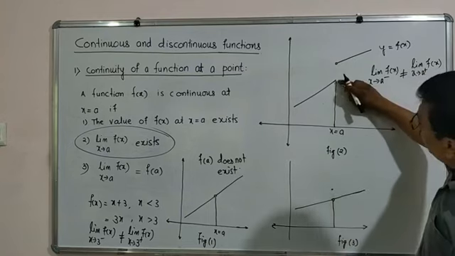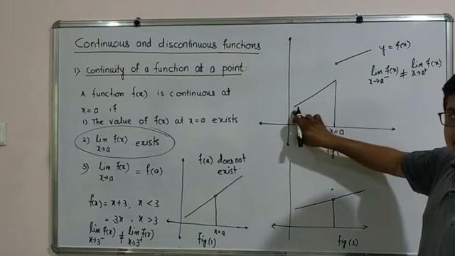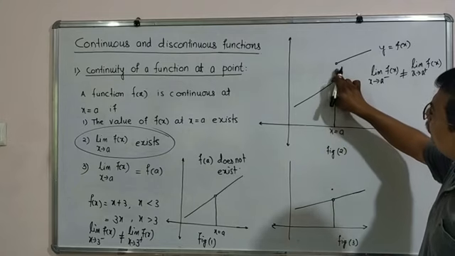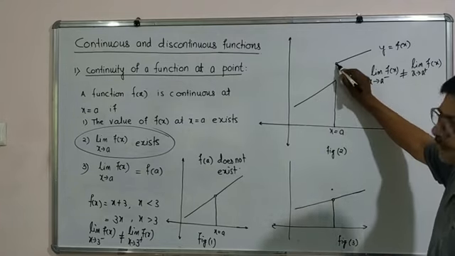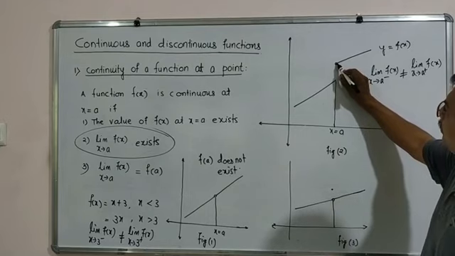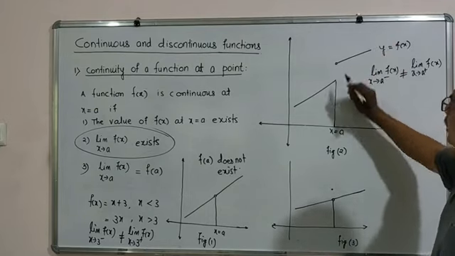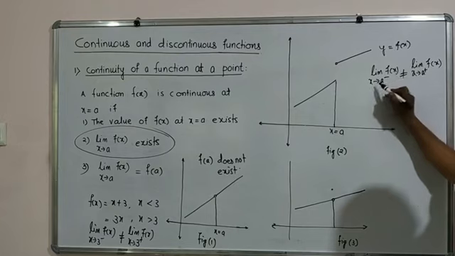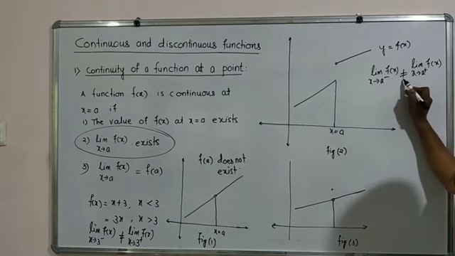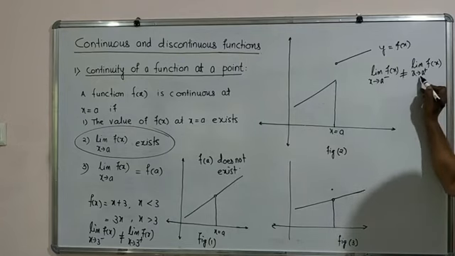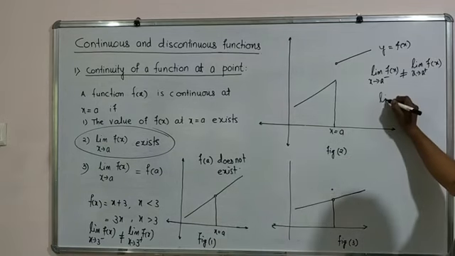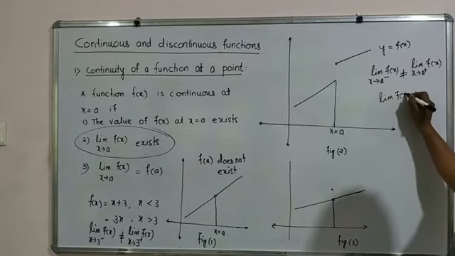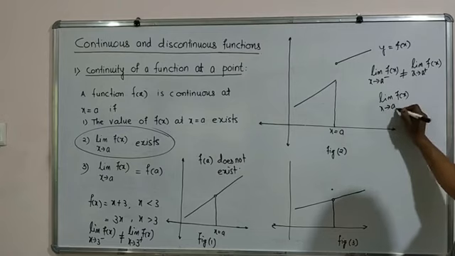Because on the left hand side of a it has a graph and there is a break in the graph at the same point x is equal to a. It is starting from another point. It means the limit of f of x as x tends to a minus is not equal to limit of f of x as x tends to a plus. Means again the limit of f of x as x tends to a does not exist.